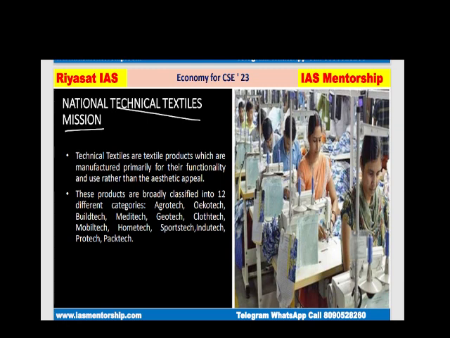By its name itself, it suggests that it is a mission based on textile. Improving the technicality of textile, this mission is all about it. Basically, what is technical textile? These are those types of textile products that are primarily manufactured for their functionality and use rather than their aesthetic appeal. That means they are not for beauty. Like generally the apparel that is made for aesthetic beauty.